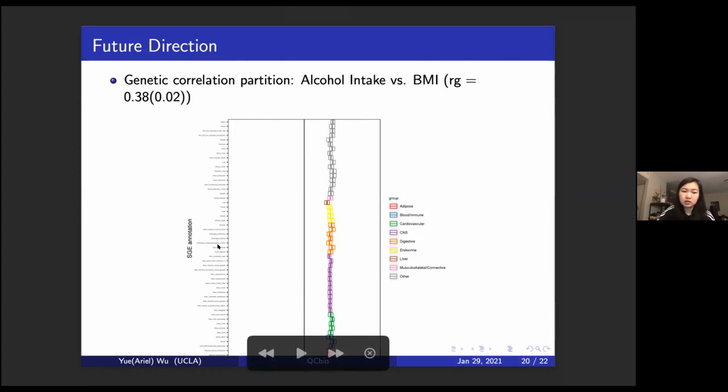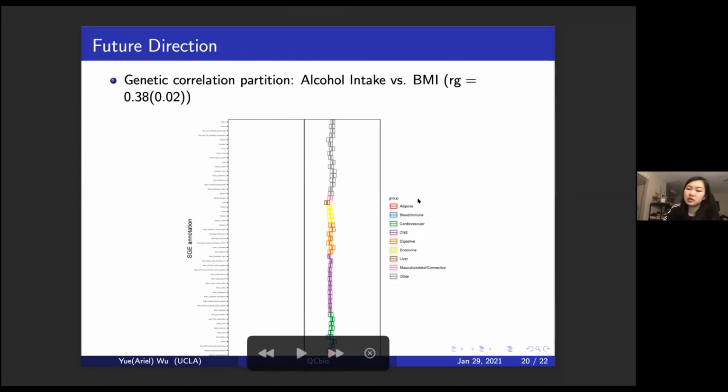So this is partitioned by the SEG annotation, the specific gene expression annotations. And then these groups are further divided into 9 groups where they are describing different functions, and then it's coded in different colors.